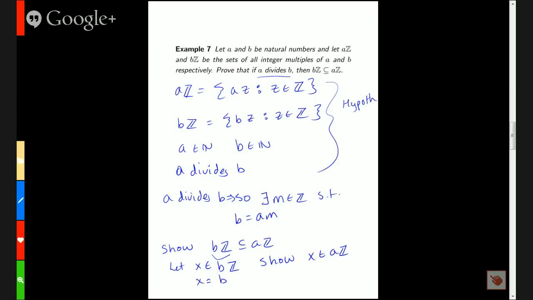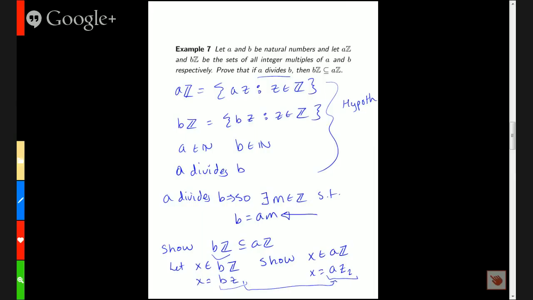Yeah, so it has to be b times some z, we'll call it z1. And what does it mean for x to be in aZ? Yeah, except it's a different z, right? How do I get from b z1 to a z2?